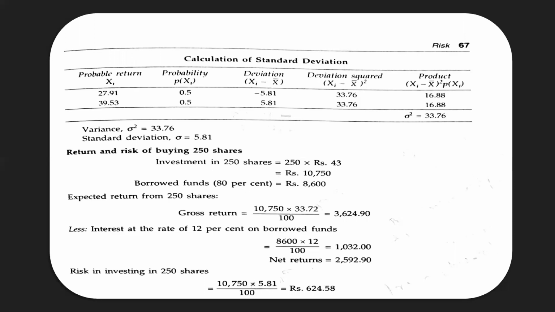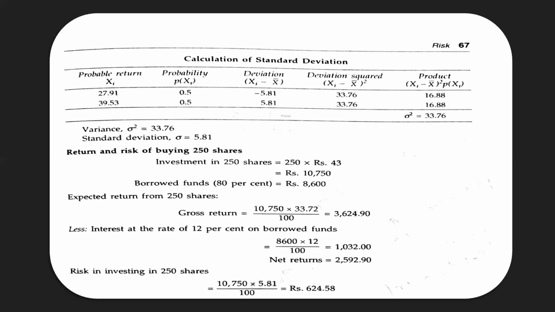Now, what is the expected return from the 250 shares? We have already calculated the expected return by multiplying the probable return with the probability and calculating the total. The total came up to the percentage 33.72. So when you're investing 10,750 in 250 shares, you are expecting a 33.72% return from it.